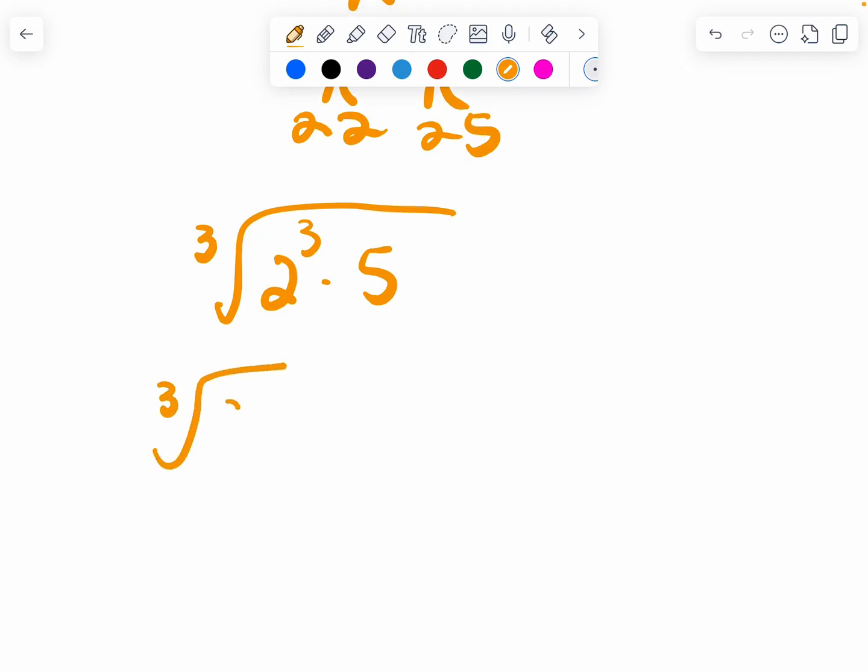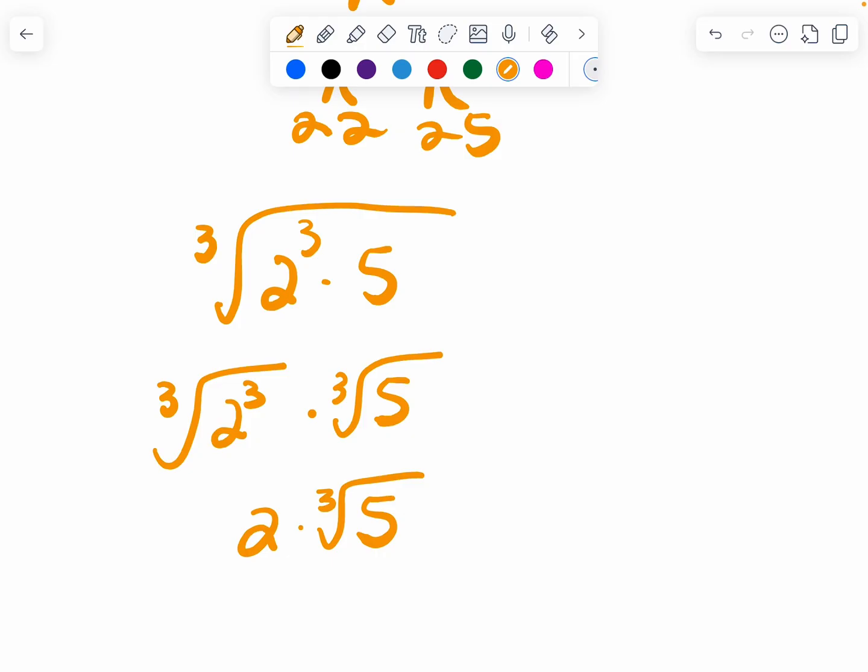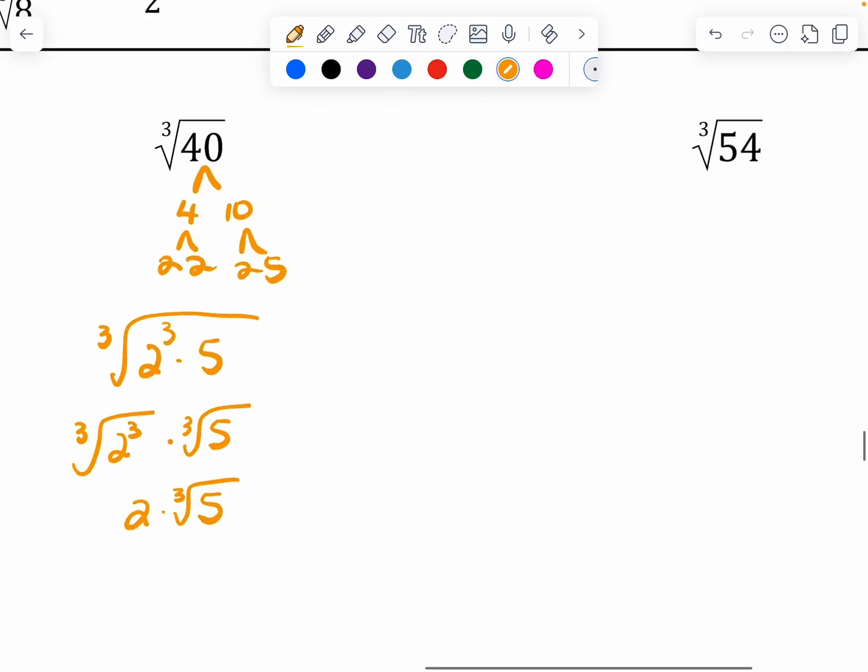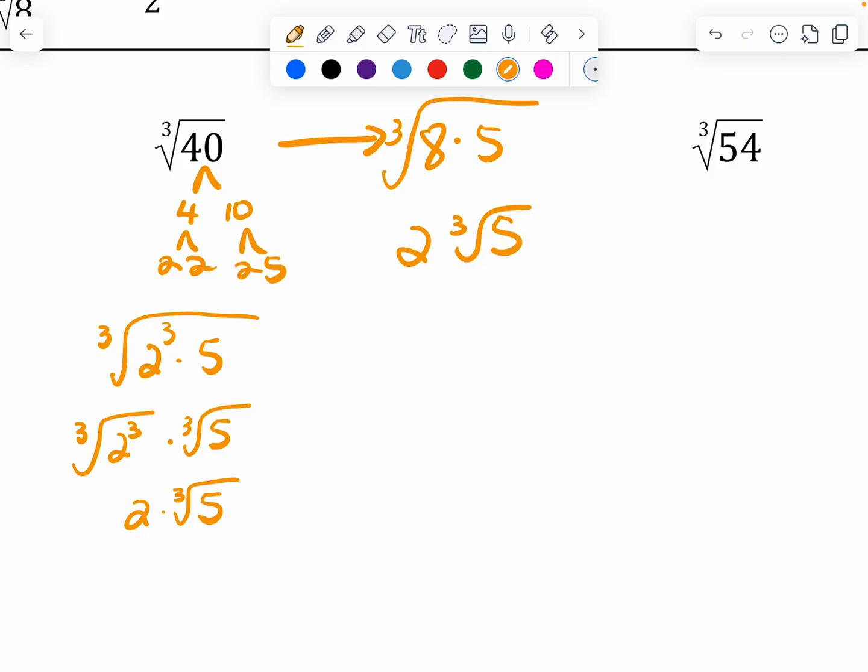The cubed root of 2 to the 3rd times the cubed root of 5 will get me 2 times the cubed root of 5. Now, again, could I have done it differently? Yes. I know that 8 is the same thing as a perfect cube. Could I have done the cubed root of 8 times 5 and just done 2 cubed root of 5? Heck yeah. But does it matter? No.